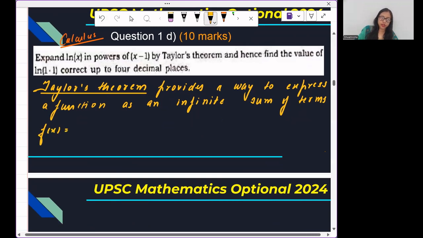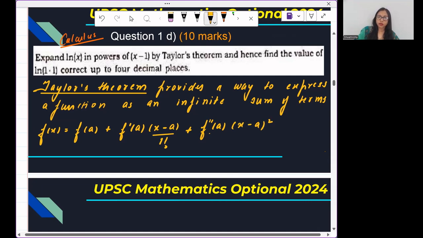f of x is defined as f of a plus f dash a times x minus a divided by 1 factorial, plus f double derivative of a times x minus a squared divided by 2 factorial, plus and so on. It's an infinite sum, so it will continue as it is.